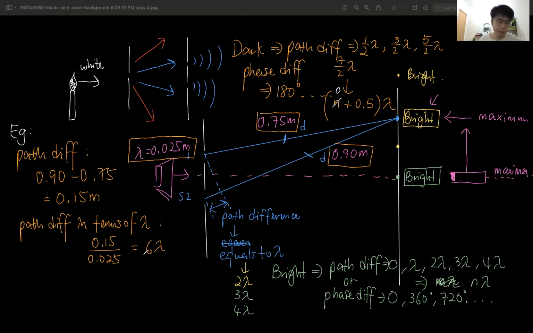Okay, so 6 wavelength is the path difference. Then using m lambda, for constructive interference, m is the order, lambda. So we know that m is equal to 6. That means this bright fringe over here is the 6th order.